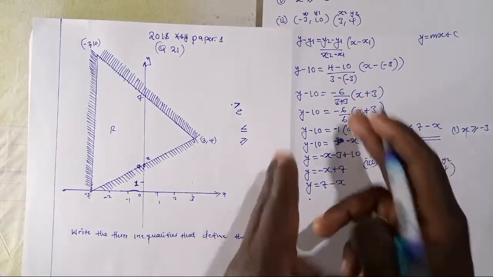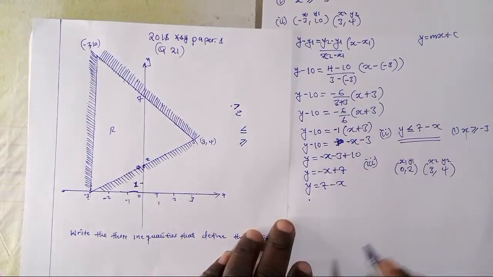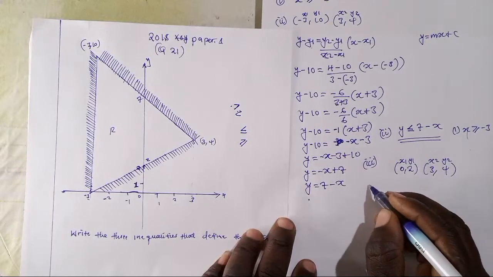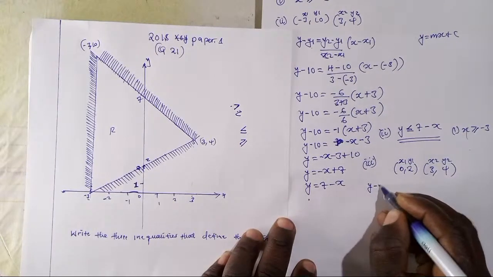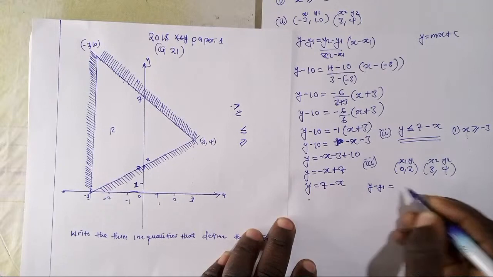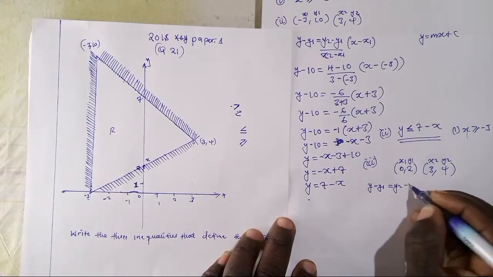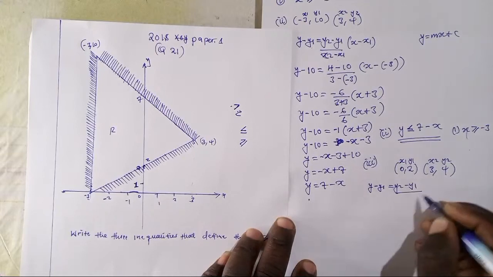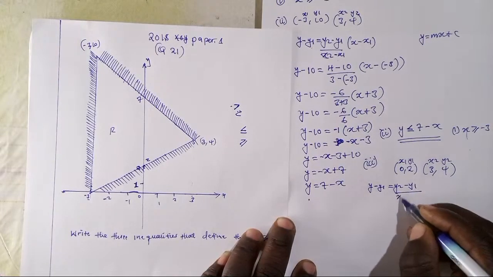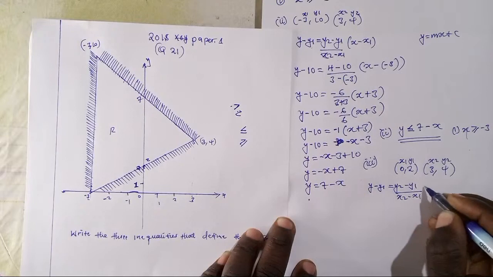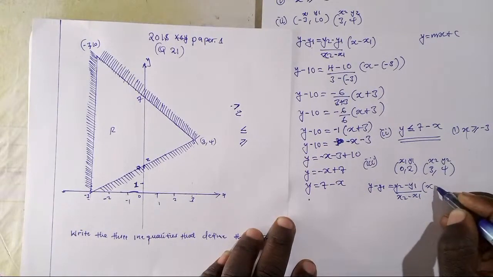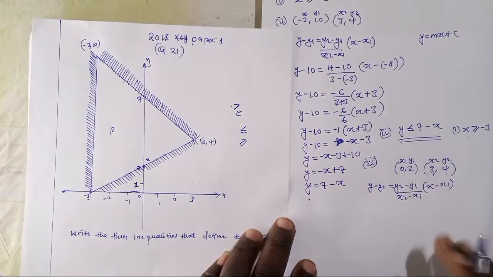Then we introduce the same formula which we used earlier, which is y minus y1 equals y2 minus y1 over x2 minus x1, then open bracket, x minus x1, right?